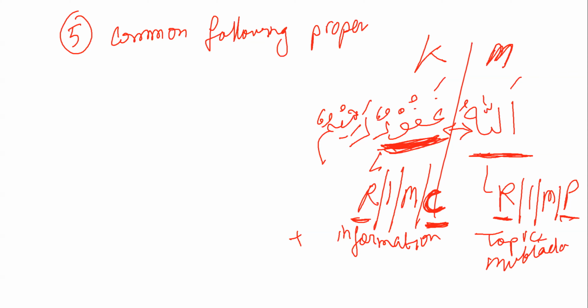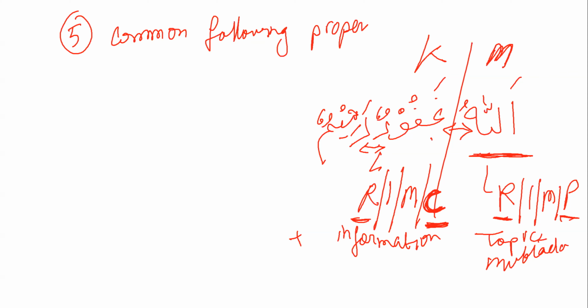Now we see whether there is any chain between Ghafurun and Rahimun. Is there any relationship between Ghafurun and Rahimun? It cannot be Mawsuf Sifa, third point. Exactly. And it cannot be any other fragment as well, because all the conditions do not meet.